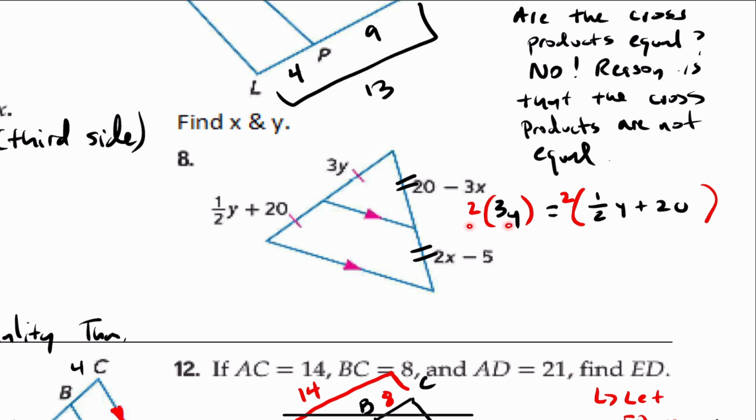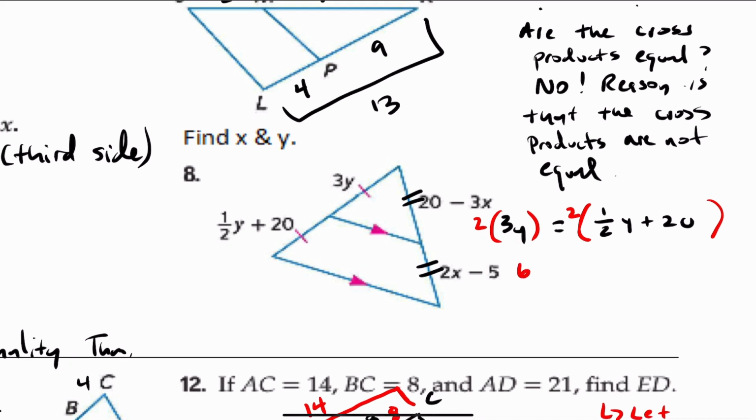So I have 2 times 3y, which is 6y, which is equal to 2 times 1/2, right? So now I'm just going to distribute the 2 to each term. So 2 times 1/2, or 1/2 of 2, well, 1/2 of 2 is just simply 1, right? So that's going to be y plus 2 times 20 is 40, then minus the y on both sides.